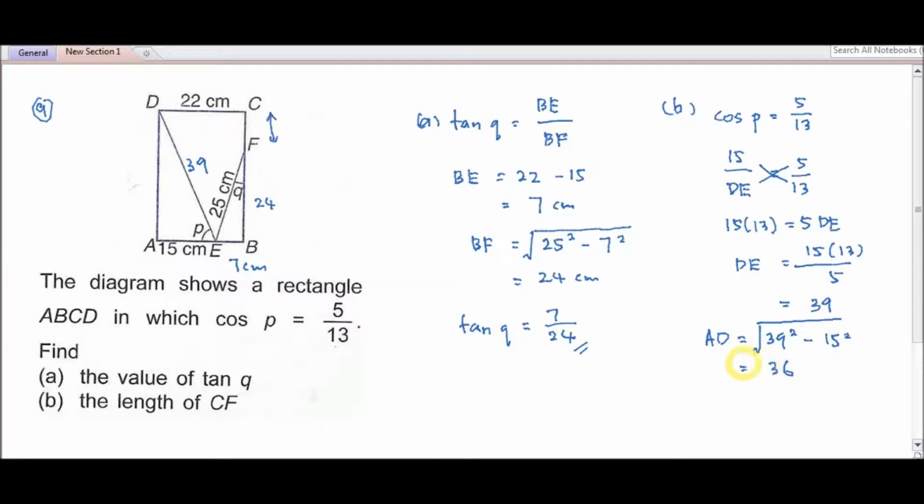So here's 36. Here 36 means that here also the same thing, 36 centimeters. Now it's no problem to find the CF. 36 minus 24. Okay, we got it. 12 centimeters.